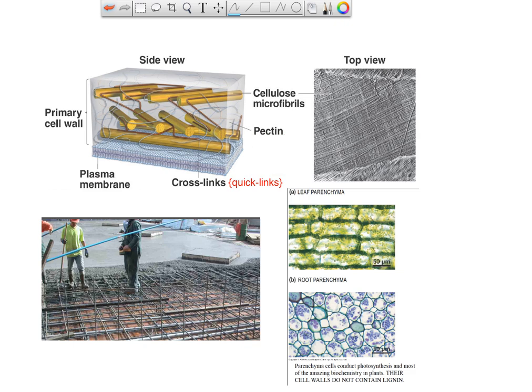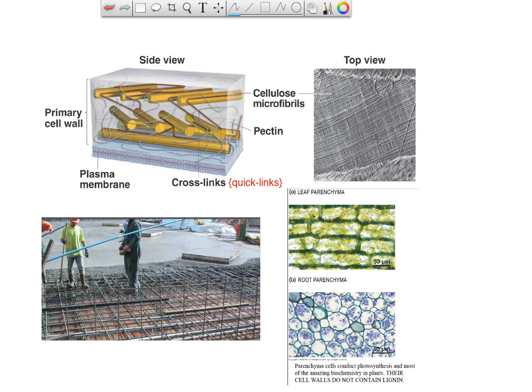So it's outside of the plasma membrane, this primary cell wall. It's visible by microscopy as a set of microfibrils. It looks almost like woven cloth, I think.